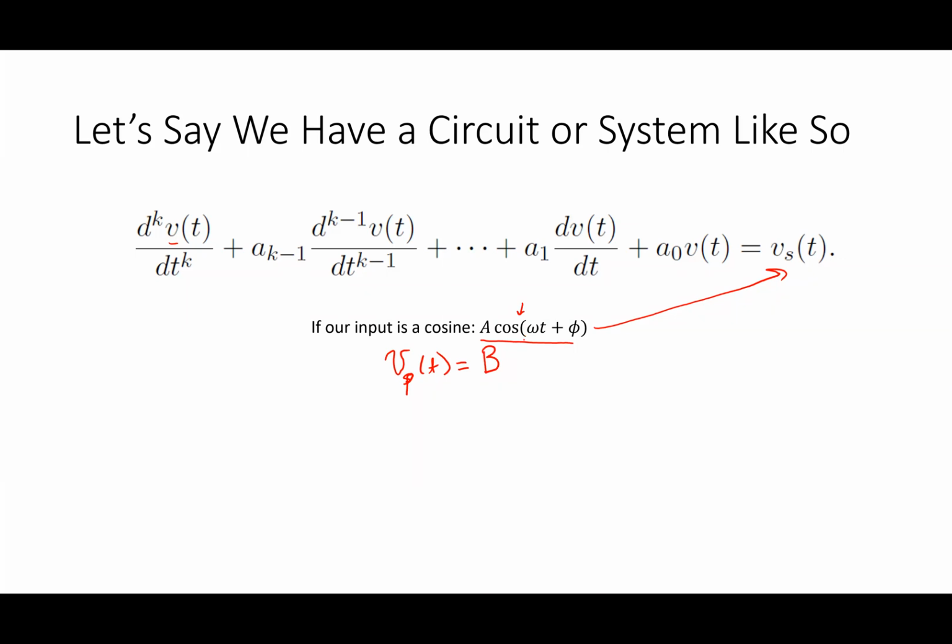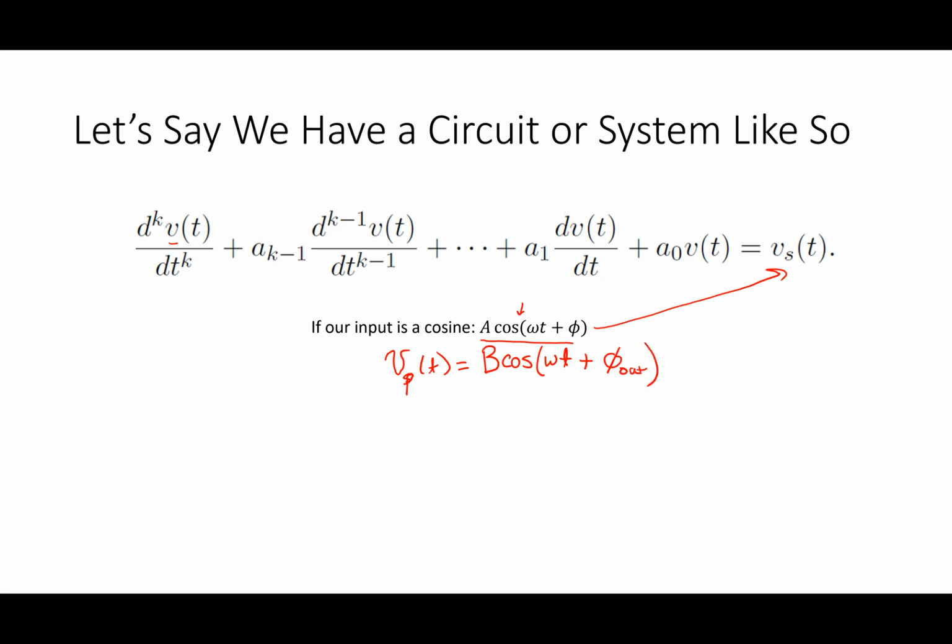A cosine. And what's its frequency going to be? The same. Its angle might be different. We'll call this phi out.